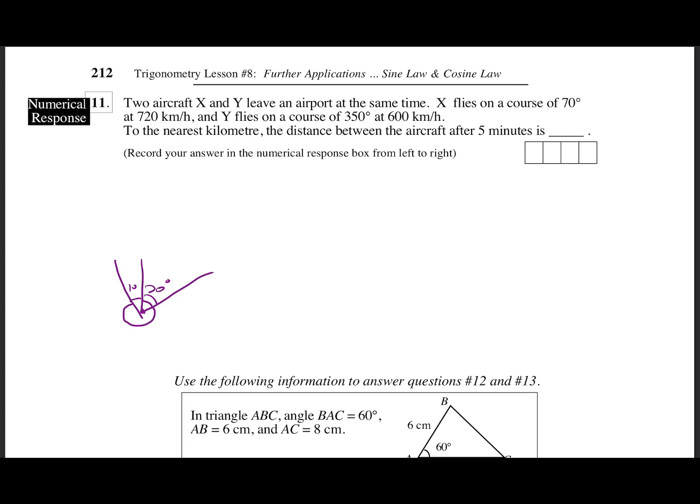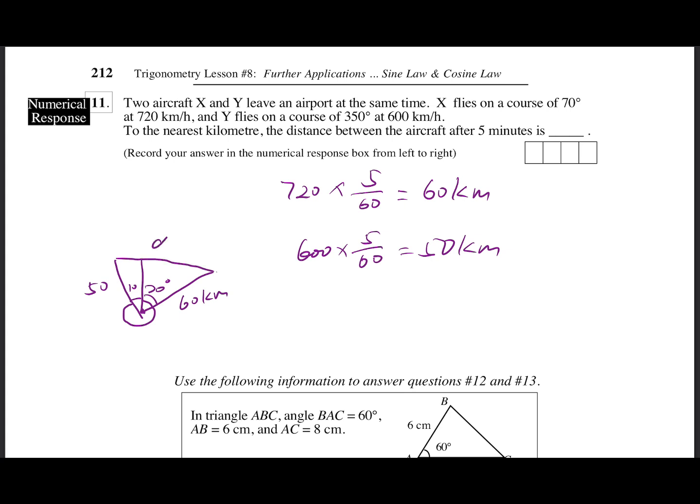We need to find out the distance after 5 minutes: 700 times 5 over 60 is 60 kilometers, so this is 60 kilometers. Then 600 times 5 over 60 is 50 kilometers, so this is 50.